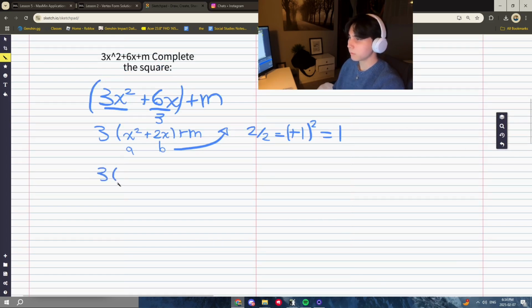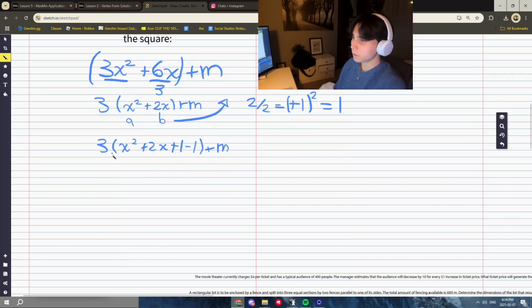So we have 3 times x squared plus 2x. Again, we're going to add this 1 at the end to complete the perfect square trinomial. But since we can't just add random numbers into an equation, we actually have to cancel it out by subtracting a 1. So we have x squared plus 2x plus 1 minus 1 plus m at the end.